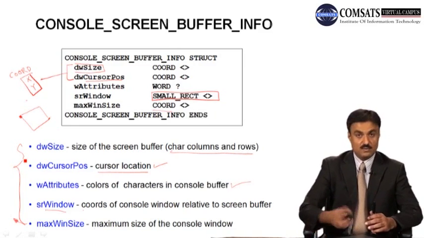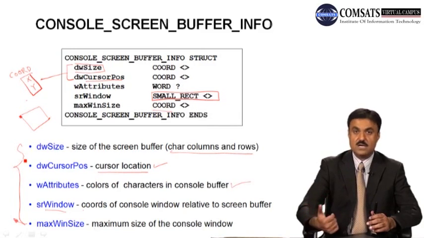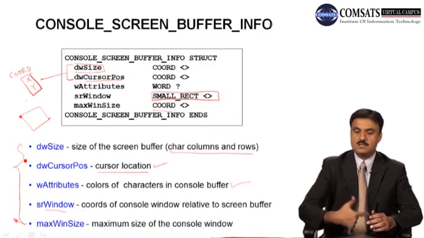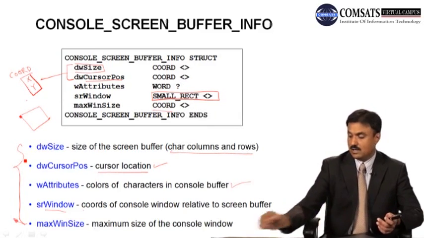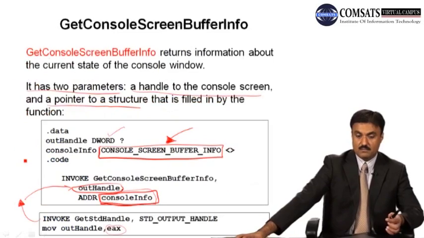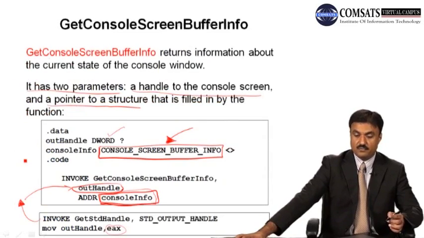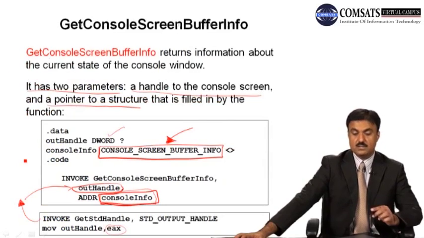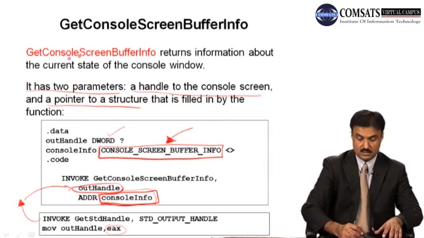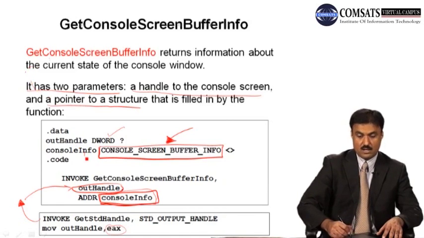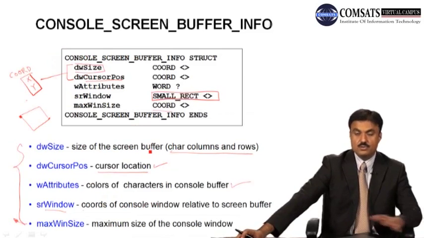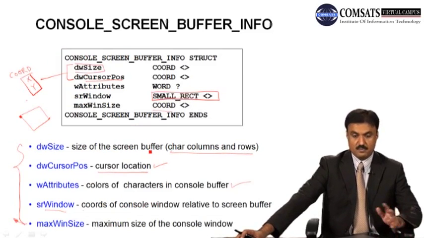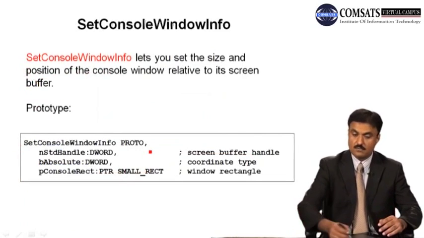A variable of this structure type is passed inside that function to get whole information about the console. So this function will fill this console info variable of type CONSOLE_SCREEN_BUFFER_INFO and so on. So now you can use this information for whatever purpose you are going to use.